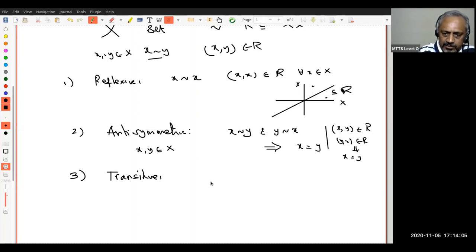Transitive means if x is related to y and y is related to z, this should imply x is related to z. Notice that the order matters.